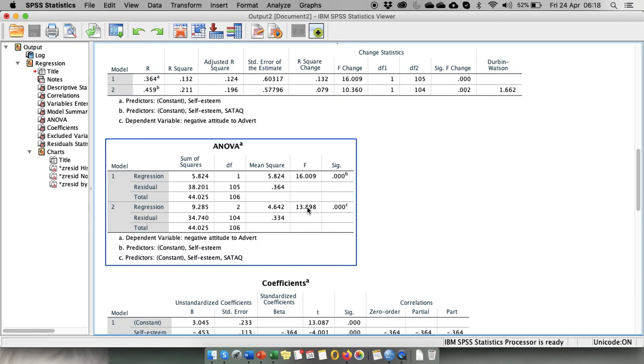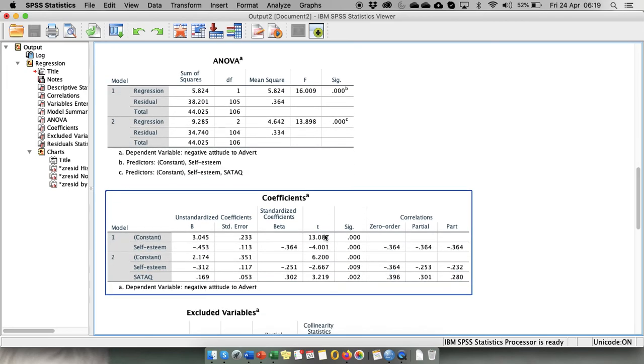But what this model tests is if we know levels of self-esteem, can we make a more accurate prediction about the attitude to the advert? And the model is significant, which means yes, self-esteem gives us additional accuracy in prediction. And the same happens with model 2 when we have our two variables in the model.